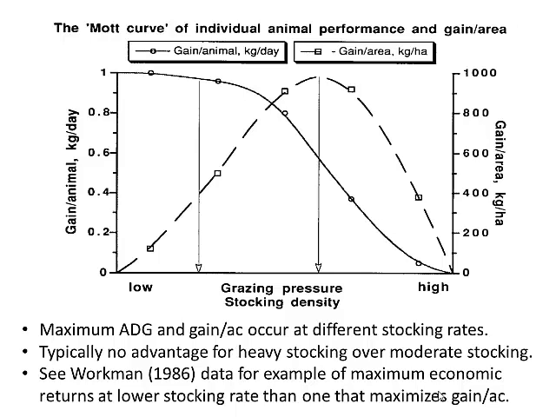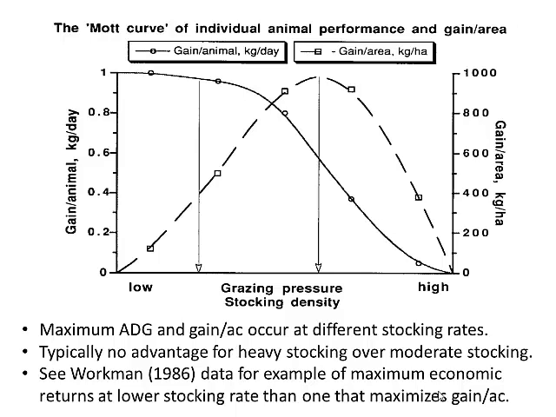Now, also, as you add those animals to an acre, even though each increment is performing a little bit less, a little bit less, a little bit less, we're going to build gain per acre. So that's what this right-hand axis shows, and again, kilograms per hectare is essentially the same as pounds per acre.